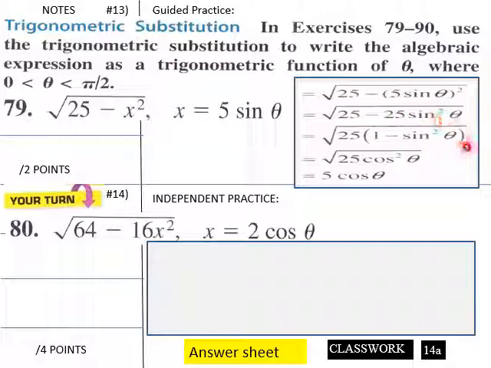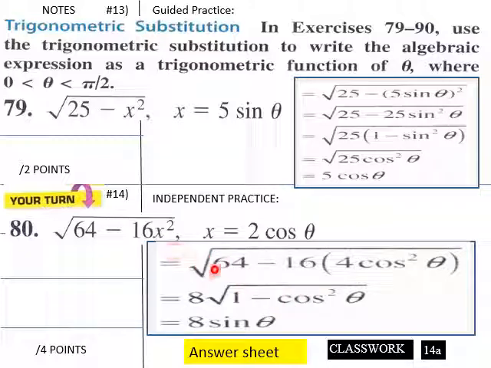And then once we factor out, we have 25 times 1 minus sine squared theta. And then this becomes 25 times cosine squared theta. Then when we take the square root of that, we end up with 5 cosine theta.